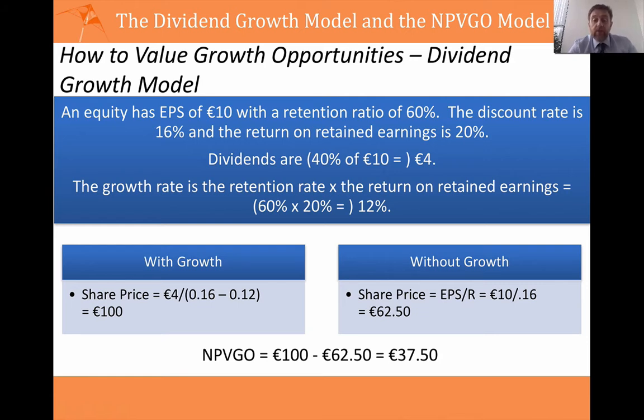There is no growth. And we get €10 divided by 0.16, which gives us a share price of €62.50. So the difference between the share price with growth and the share price without growth is the net present value of growth opportunities, and that is equal to €37.50.